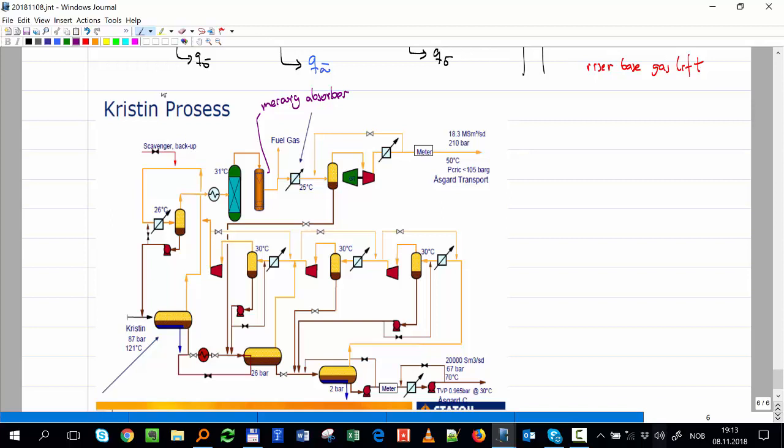Okay, and then finally you see here we have the gas turbine that is driving the big export compressor. That export compressor has to go from, do we have pressures here? Yeah, it's close to 87, a bit less than 87, to 200 bar. So that's a huge pressure increase that compressor has to give, from around 80 all the way to 210.